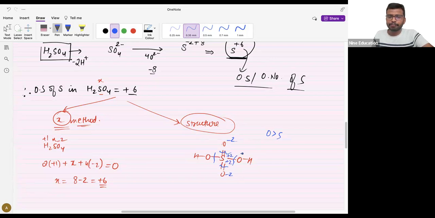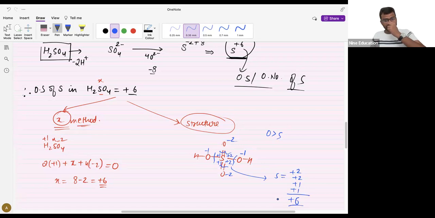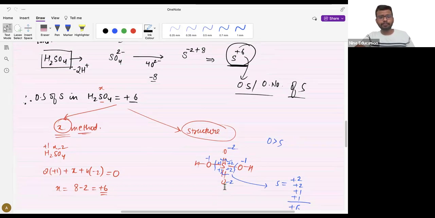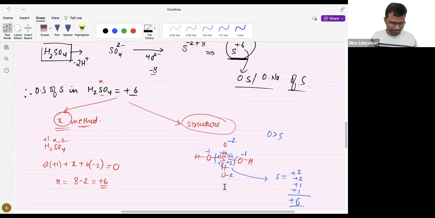And when I break this one, here oxygen has only one bond, -1, here also -1, sulfur +1, and again sulfur +1. So total charge on sulfur will be +2, +2, +1, +1, total +6. Same method. These are two methods to find the oxidation state of any atom in a compound.